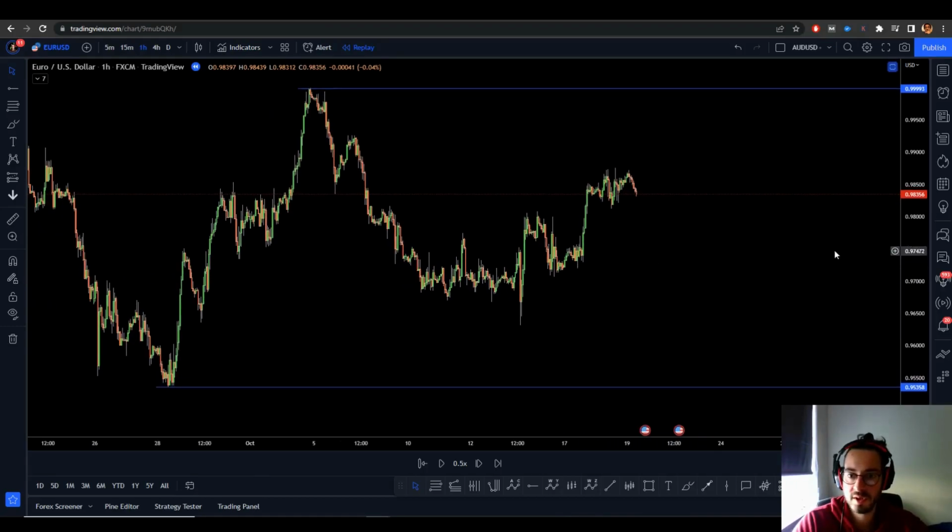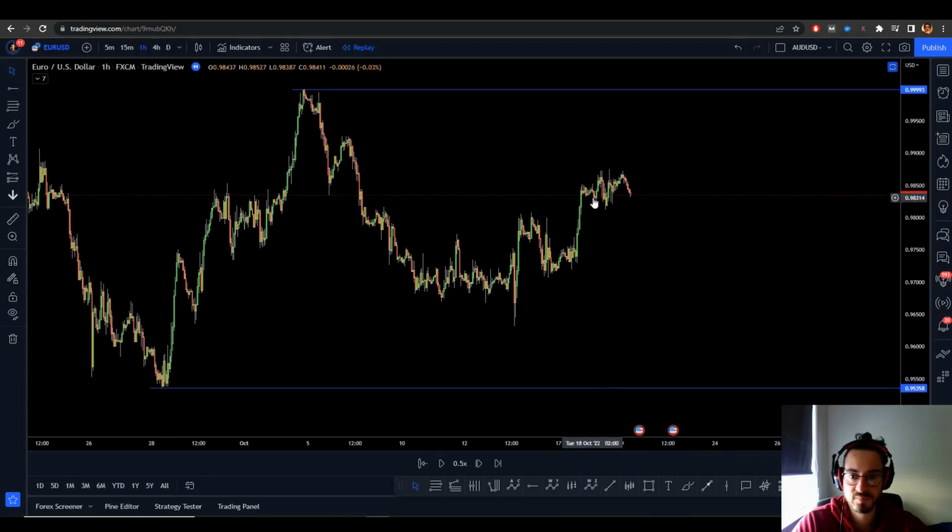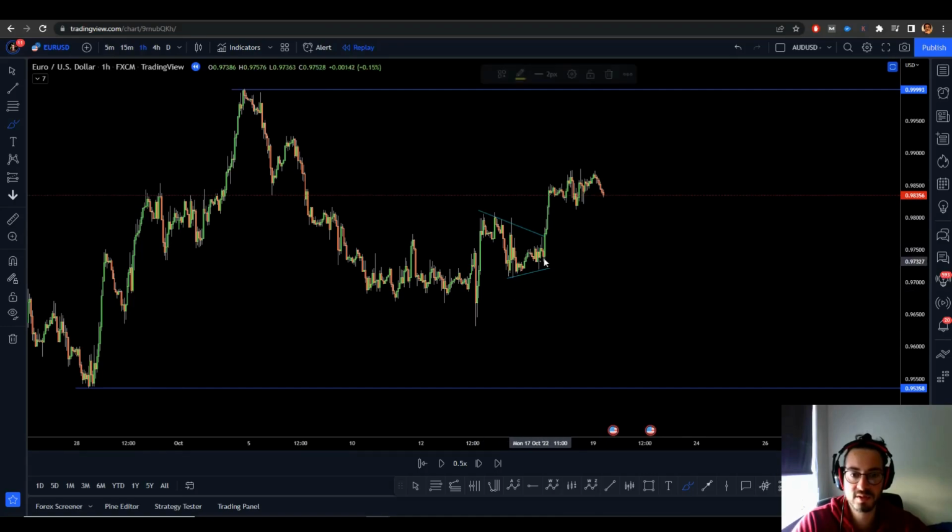So I'm looking at this now. When the market is pushing up here, I see that we made some kind of accumulation. Look at this correction here. Look at how ugly it is, right? But it's still an accumulation and we still got the move up, the pop. So the patterns do not have to be perfect.